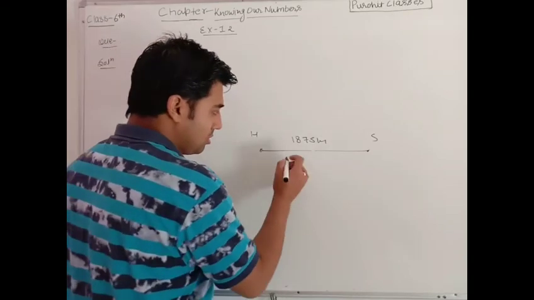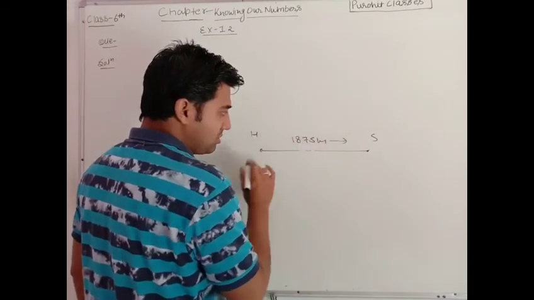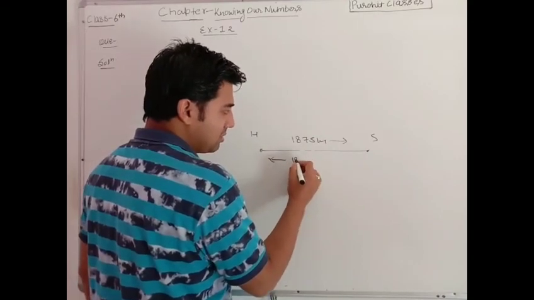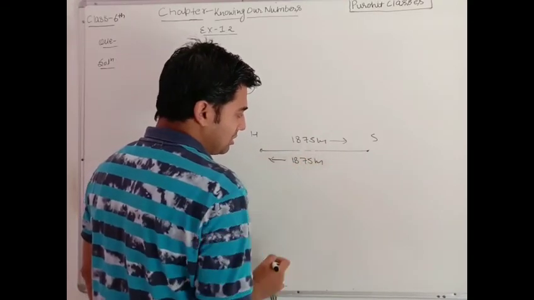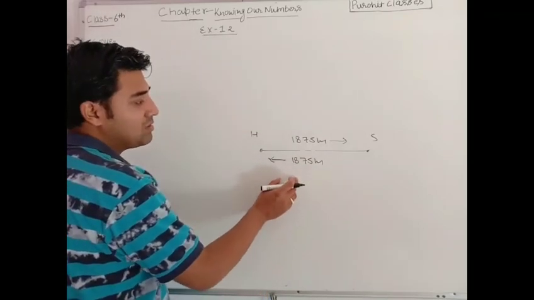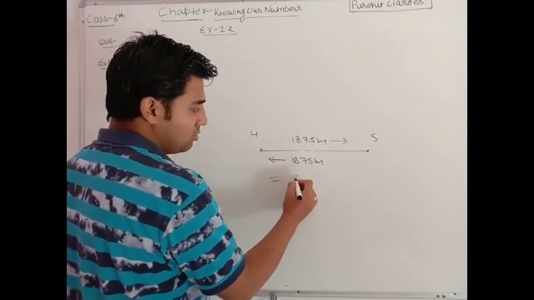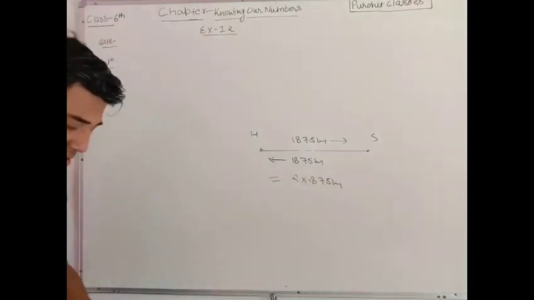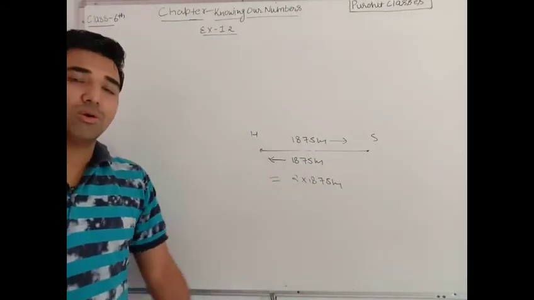Okay, so in going she covers 1875 meter, in coming back she again covered 1875 meter. So total distance covered in one day will be 2 times 1875 meter. Understood? This is the distance covered in one day by going both ways.